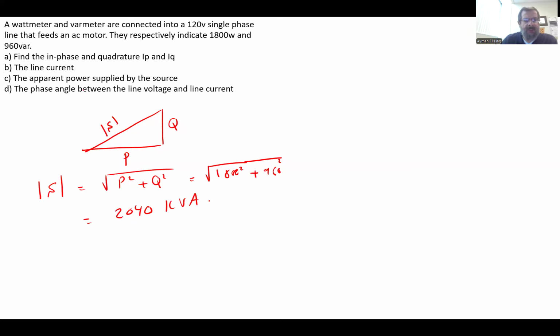The phase angle between the line voltage and the line current, we already found, is basically equal to 28.1. So as you can see, it's a very, very straightforward question.